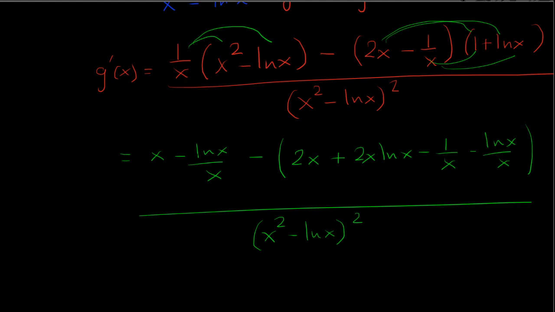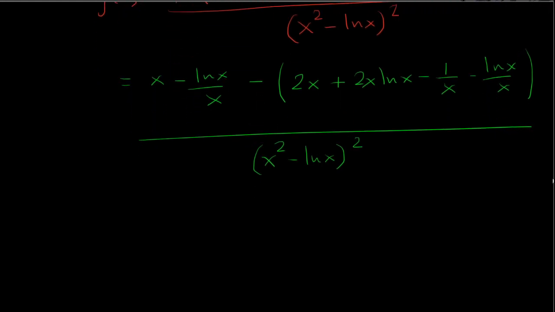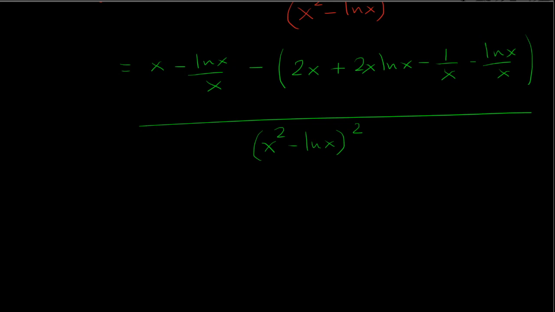Okay, we can go a little further. Notice we have x minus 2x. That will be negative x. And negative ln of x minus negative ln of x cancels each other out.